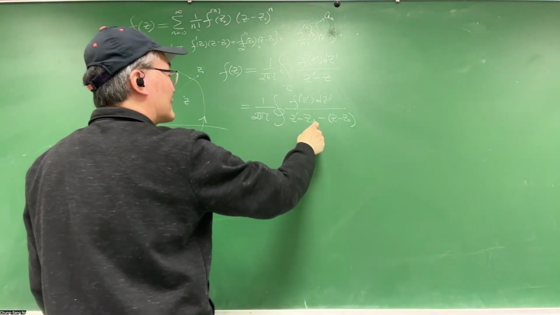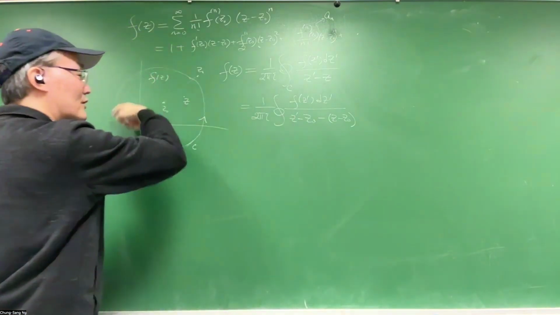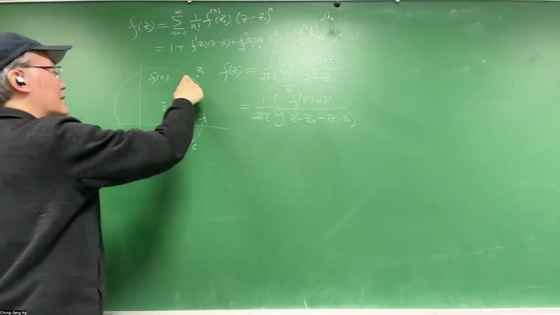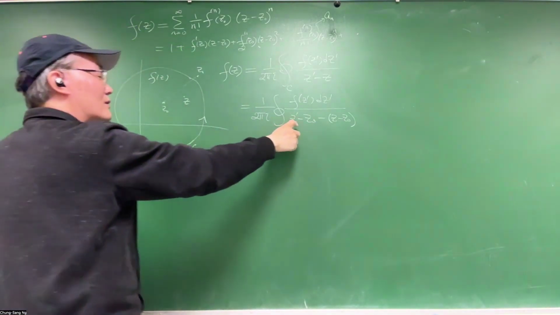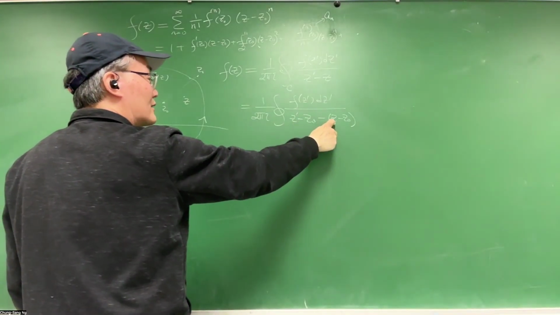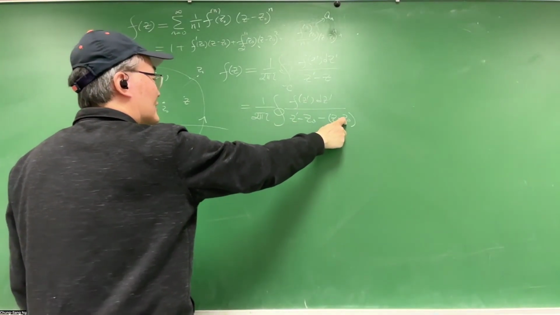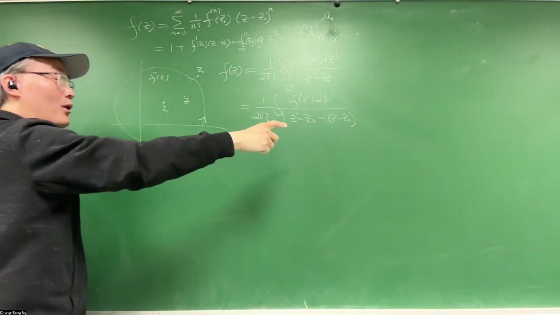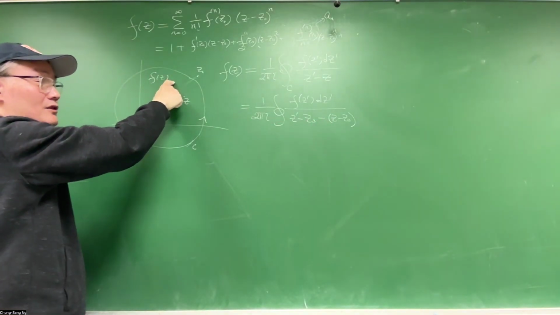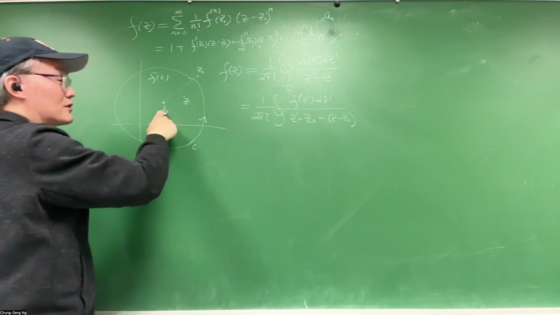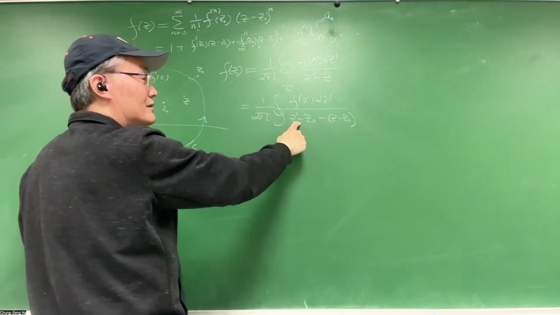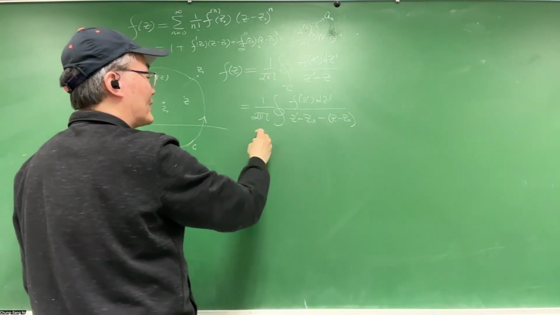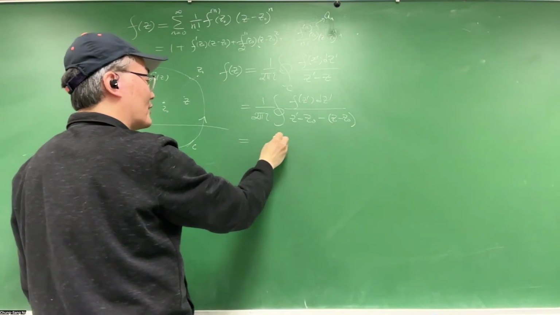But the idea is that zeta is on the circle, so this distance is the radius of the circle, which is always larger than the distance from z to c sub 0, because z is any point in the interior of this circle, so the distance to the center is always less than the radius. Okay, so you can do an expansion, which is convergent.